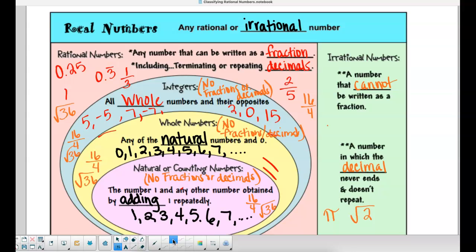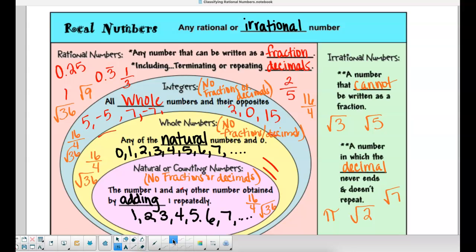So the square root of 3, the square root of 5, the square root of 7, the square root of 8, the square root of, not 9, right? The square root of 9 would go over here because that'd just be 3. So if a number is irrational, it cannot be rational.